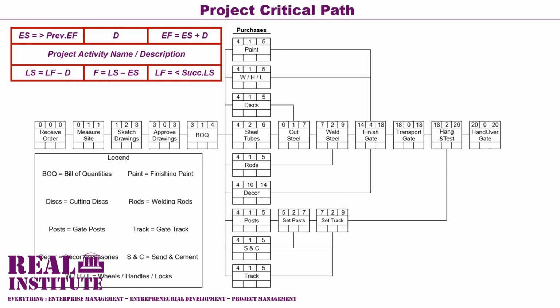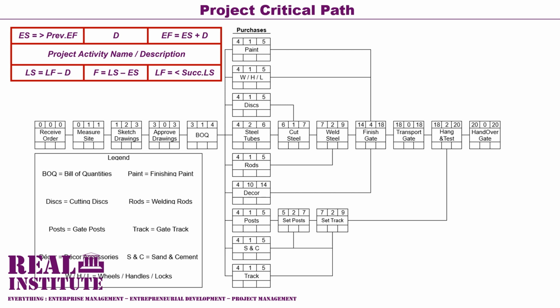We simply move that 3 to be the early start value for activity 5, which is the bill of quantities activity. And activity 5 already has a duration of 1, and therefore its early finish, calculated from adding its early start and its duration, is 4. 3 plus 1 equals 4.